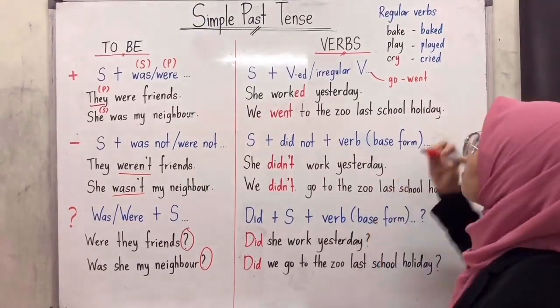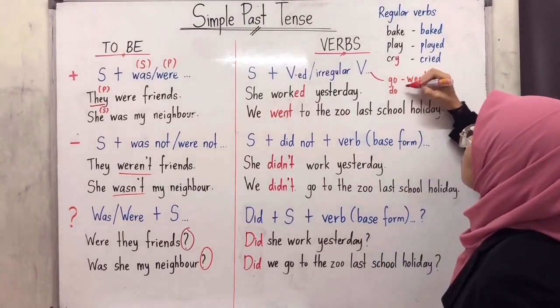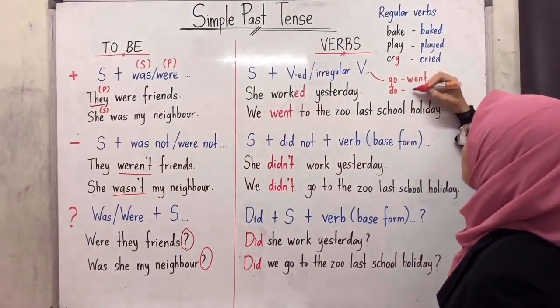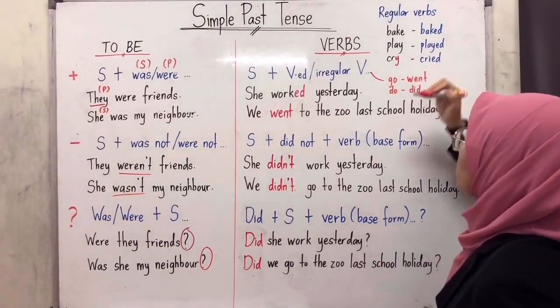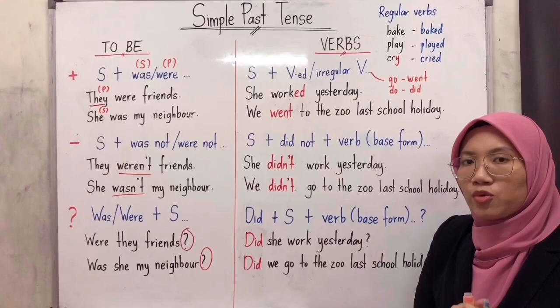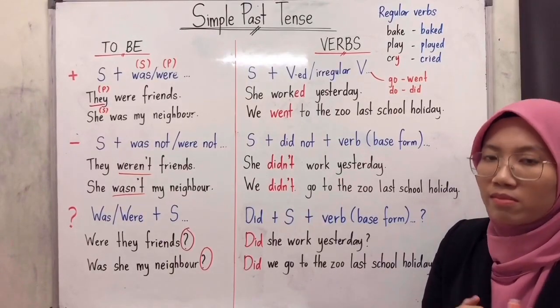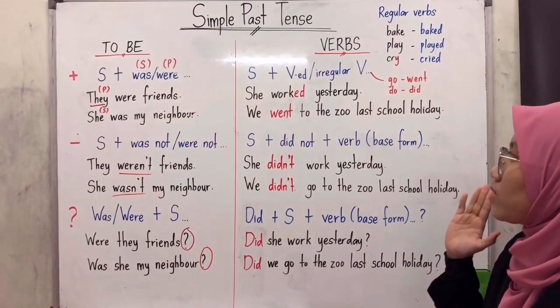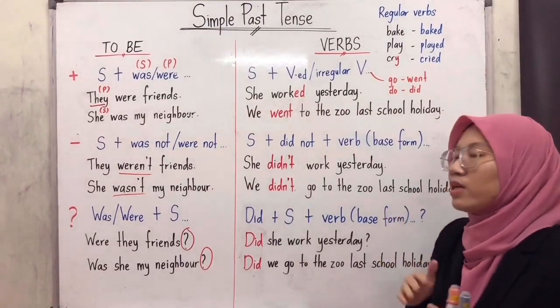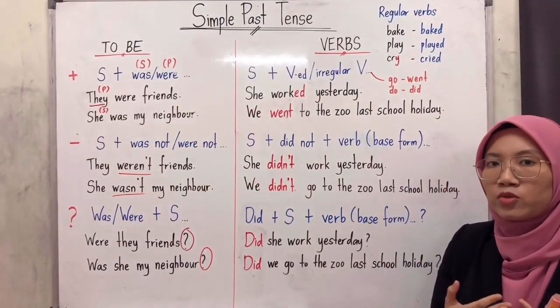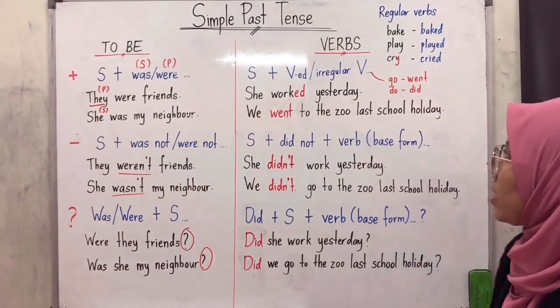Verb do becomes did. Actually there are over 200 irregular verbs and you need to memorize them. For UPSR level, you need to memorize only about 100 of the common ones.